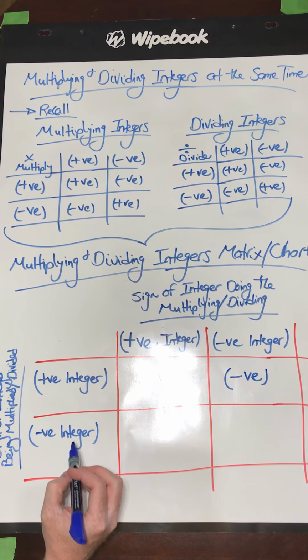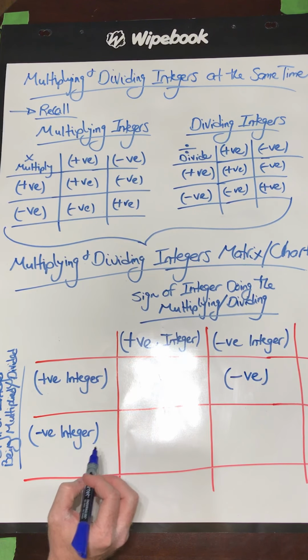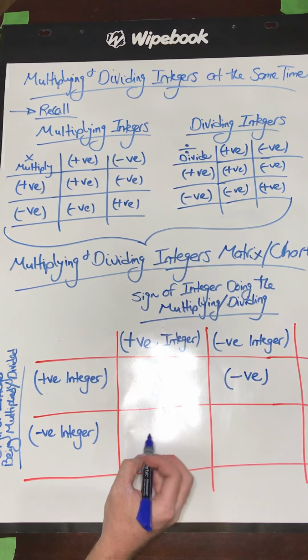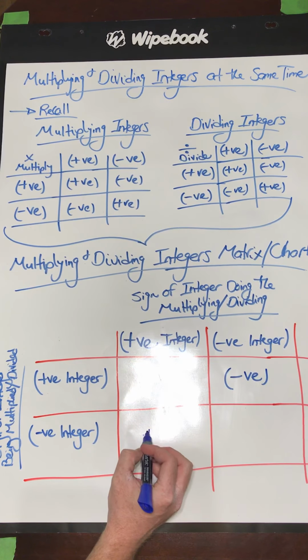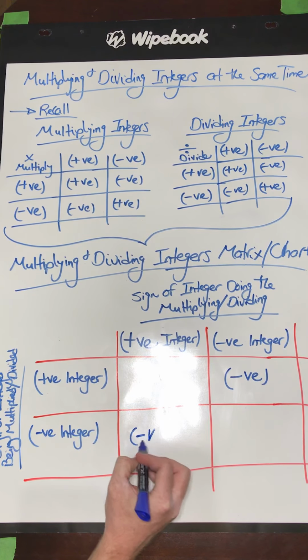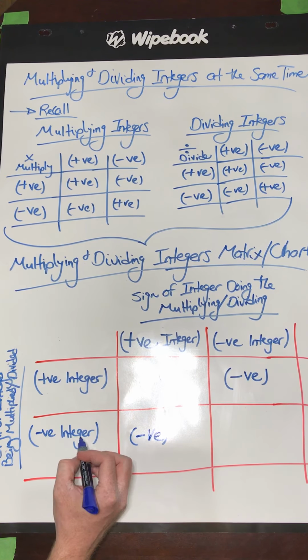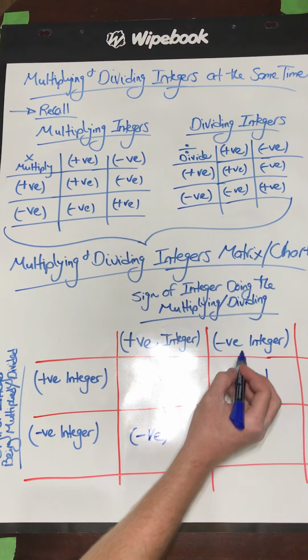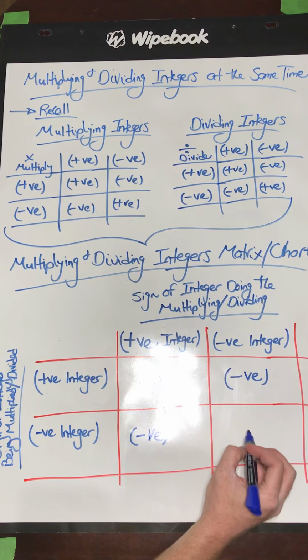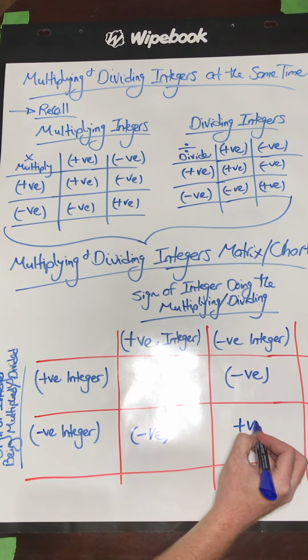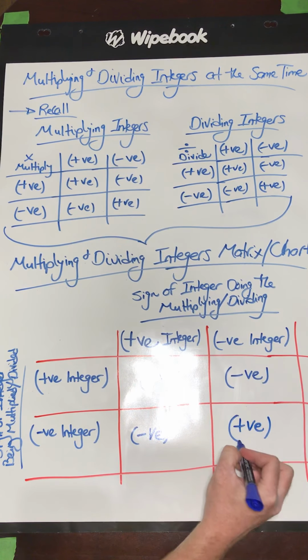If I have a negative integer that is being multiplied or divided by a positive integer, it's going to result in a negative integer. And if I have a negative integer that is being multiplied or divided by another negative integer, it's going to result in a positive integer.